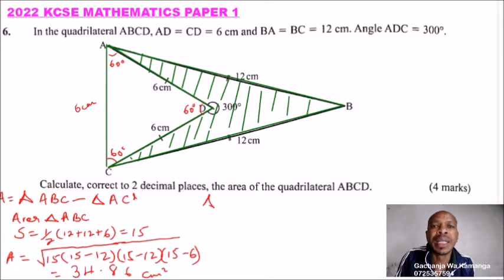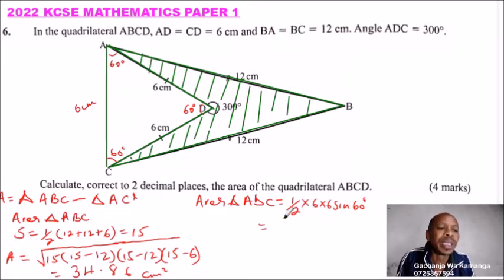So we say area of triangle AD, not B but D, is equal to, since we have the included angle between the two sides, we can use this formula: a half multiplied by 6 multiplied by 6, the sine of 60 degrees.